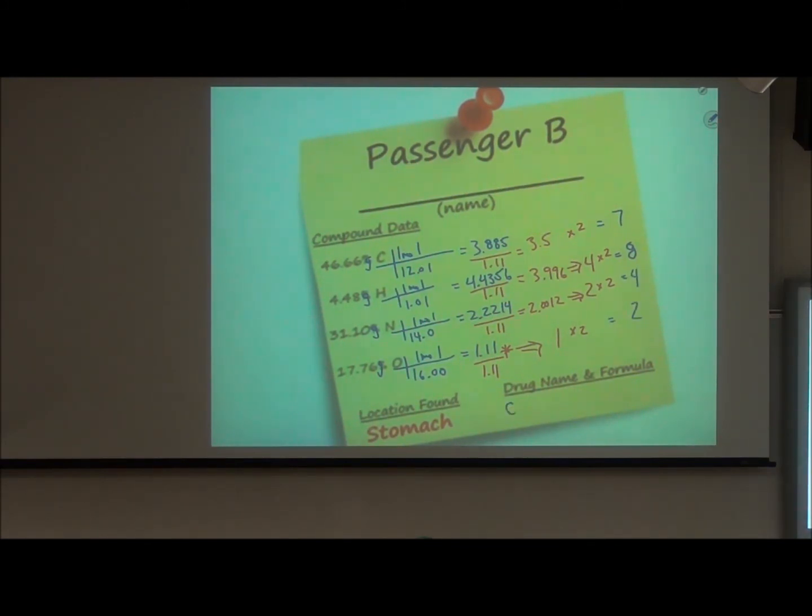So this time we got C7, H8, N4O2. When you look on your clipboard, you'll find theobromine is the chocolate flavor.